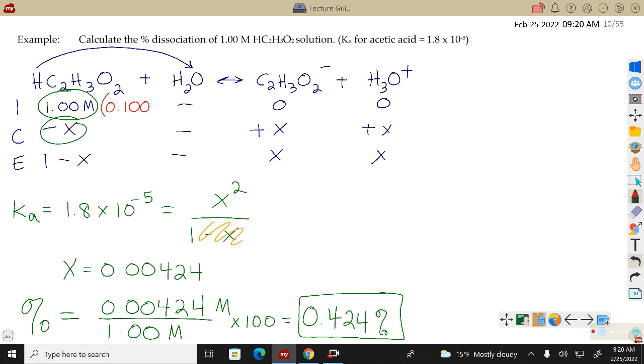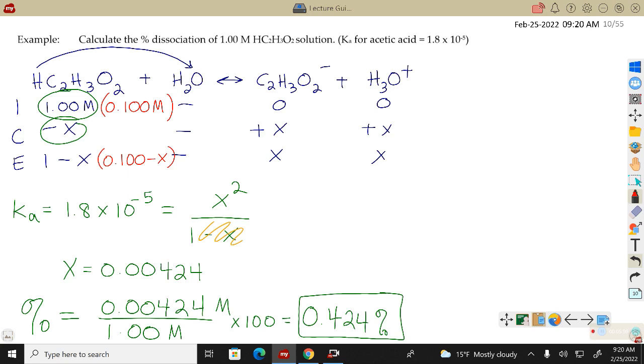0.1? What if I change this to 0.1 molar? Now everything's going to stay the same except when we get to the equilibrium line, it would just be 0.1 minus x. And so let's say I was solving for x.